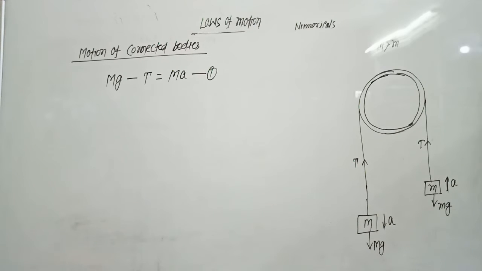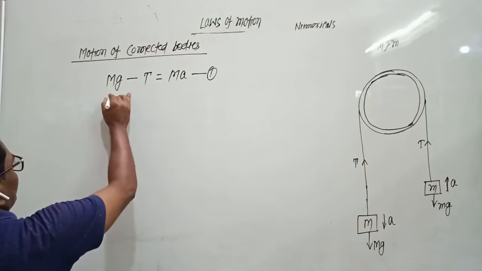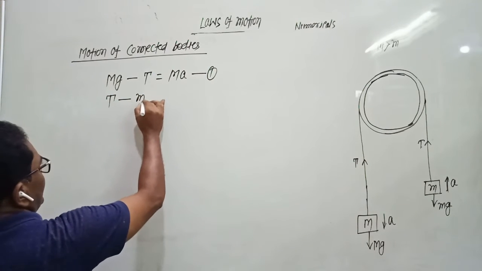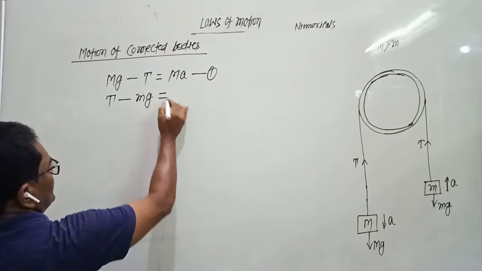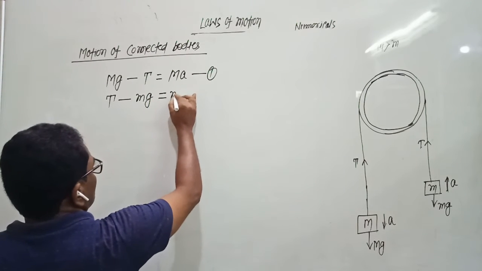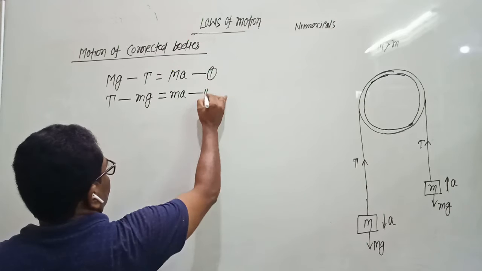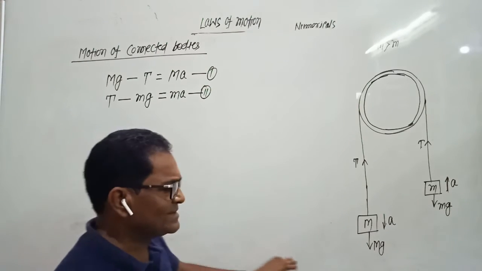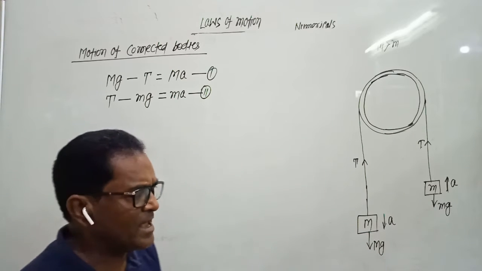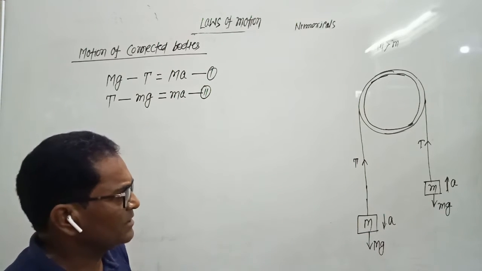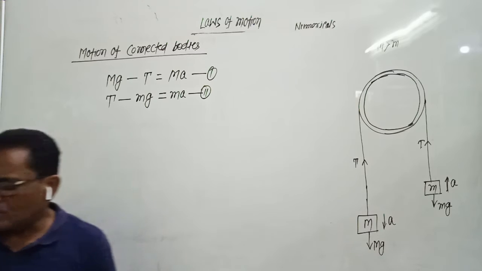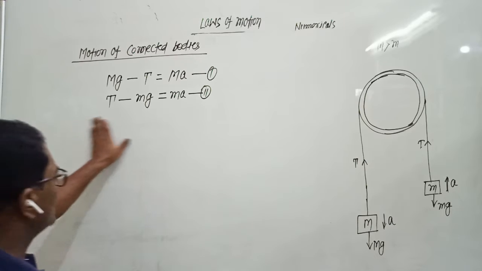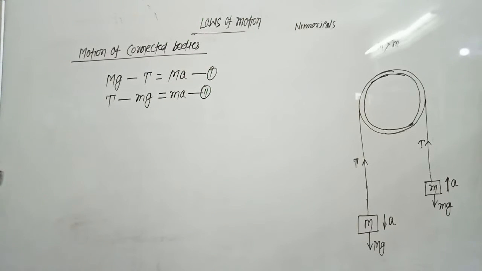So T minus mg equals m into a. We are interested in calculating two things: the acceleration A and the tension in the string.